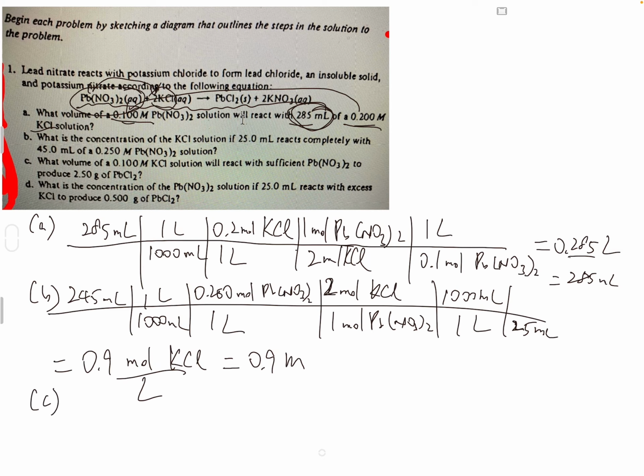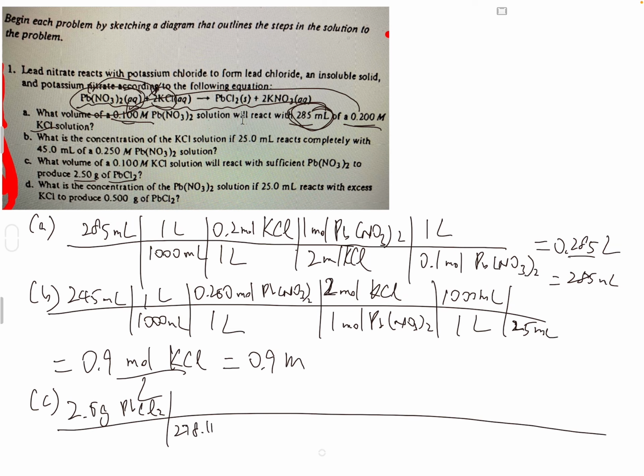We start with 2.5 grams of PbCl2. Again, we look up the molecular mass: 278.11 grams of PbCl2 is 1 mole of PbCl2. And 1 mole of PbCl2 is 2 moles of KCl.